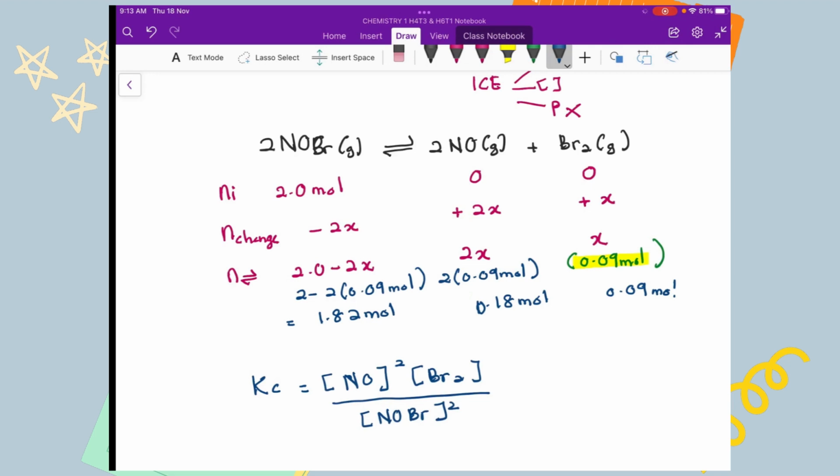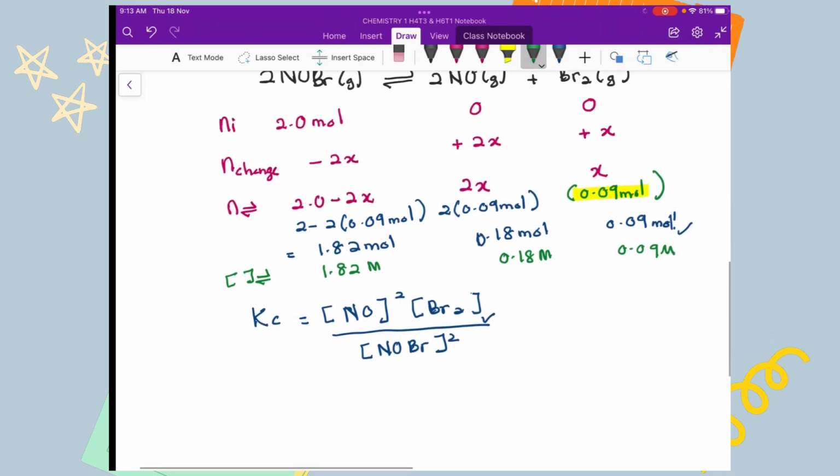The formula requires concentration, but we have data in the form of mole, so we can calculate the concentration at equilibrium by dividing by the volume, which is 1 liter. So 1.82 molar, 0.18 molar and 0.09 molar, because the volume is equal to 1. Finally, when you insert the values, you are supposed to get the value of Kc, which is 8.8 times 10 to the power of negative 4.